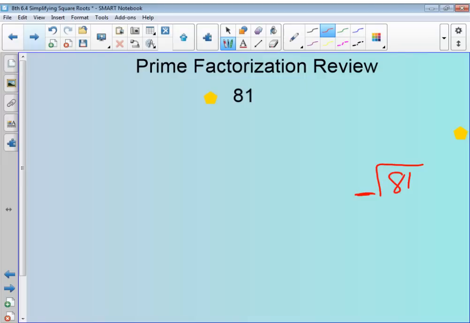Examples would be 2. 2 can't be broken down any further. 3 can't be divided out any further other than having 3 in itself as factors. So those would be prime numbers. 4, for example, is not prime. That's what you would call composite. It's composed of other numbers because 4 could be broken down into 2 times 2. You could also do 4 times 1. So once they have more than one factor, they're no longer considered prime numbers.